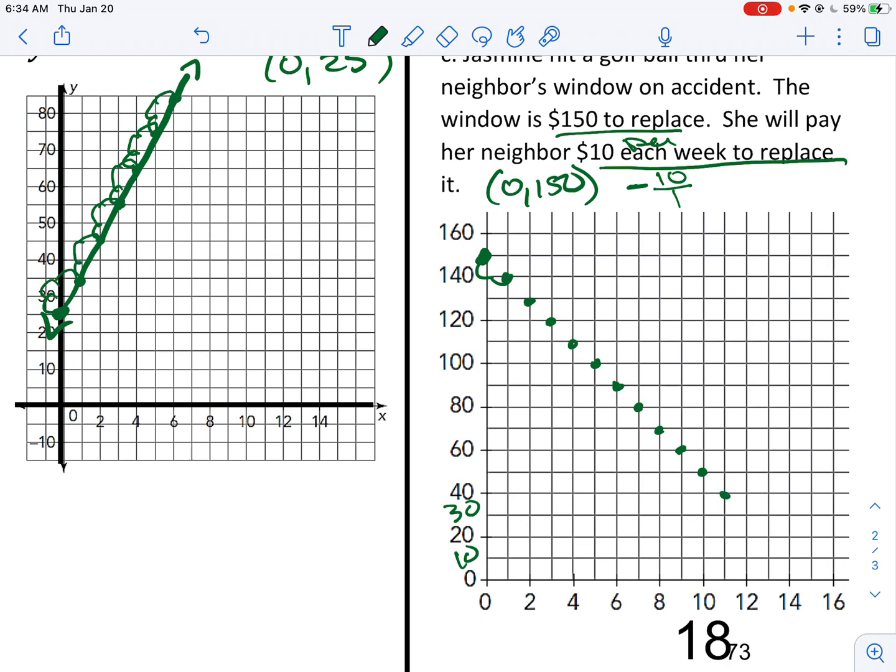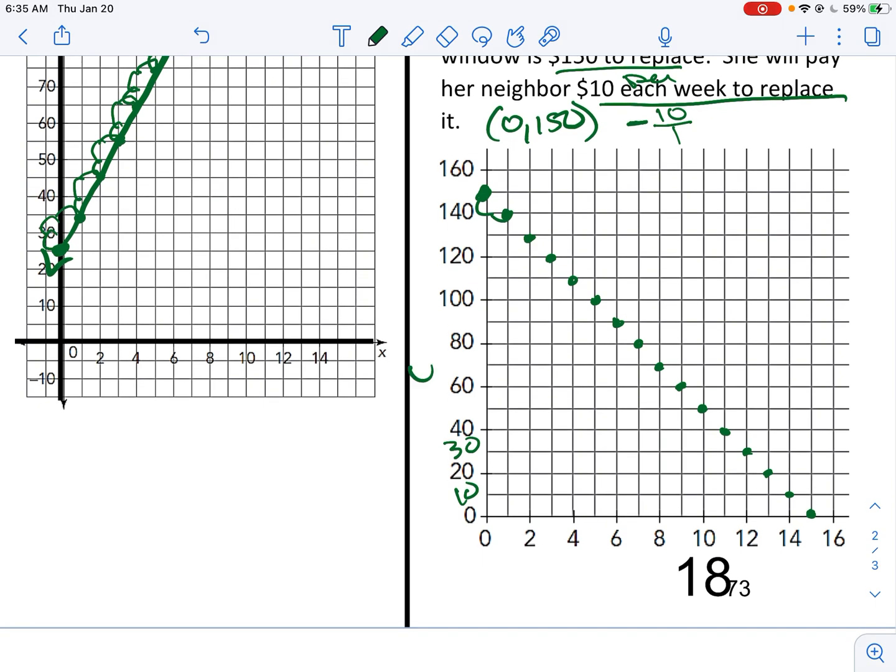Now what we really should have done is we really should have labeled this. So this over here would be our cost. It's actually not our cost. I don't want to call it cost. How about money owed?